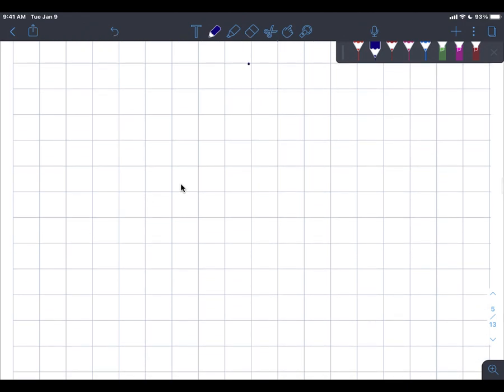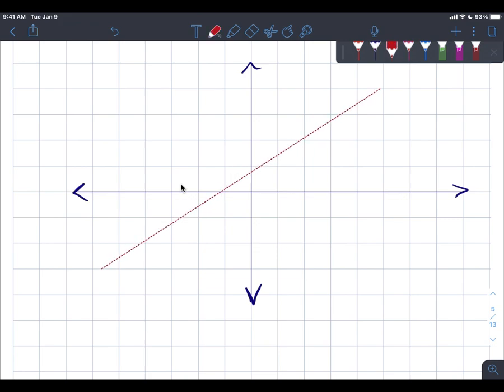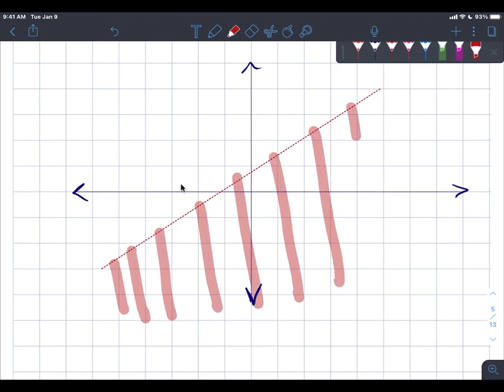So let me go ahead and just draw up an axis. Okay. I'm going to go ahead and draw out two random lines. So as you can see, this one's unshaded with a positive slope.